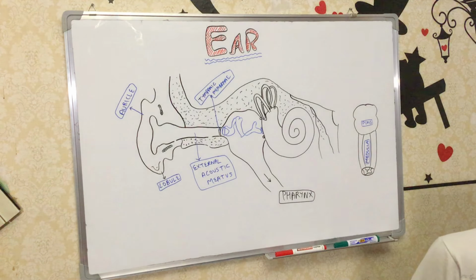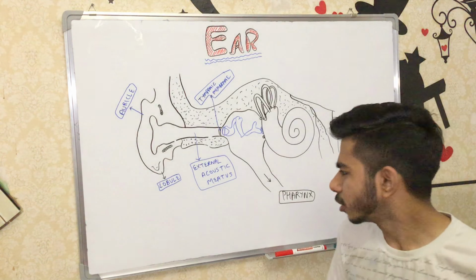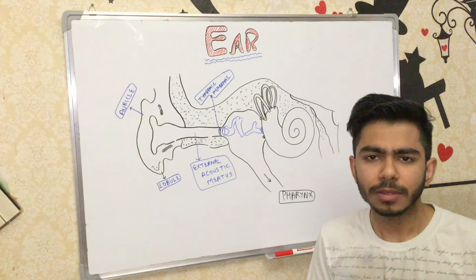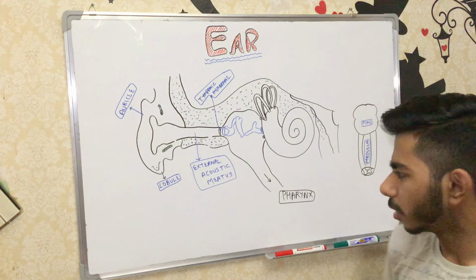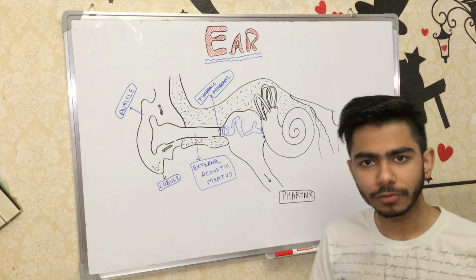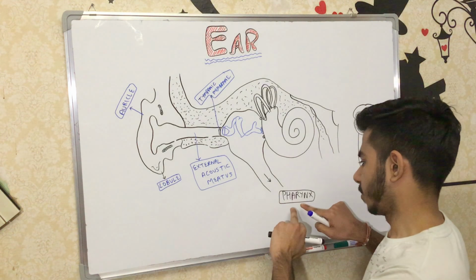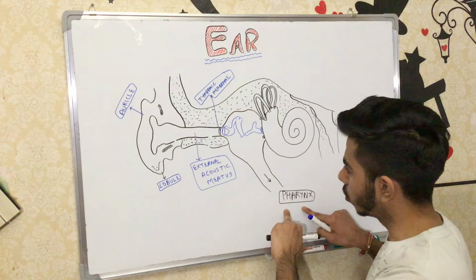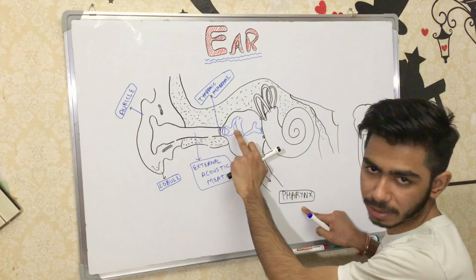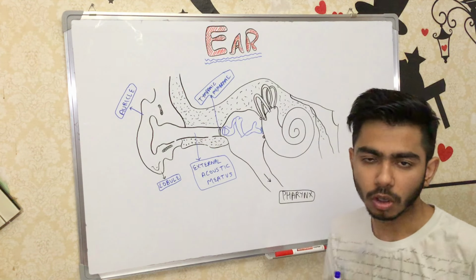Okay. So this is the pharyngotympanic tube, or you can say this is the Eustachian tube. Why is it pharyngotympanic? Because it is approaching the pharynx, so pharyngo, and tympanic as it is the tympanic membrane. So pharyngotympanic tube or Eustachian tube.